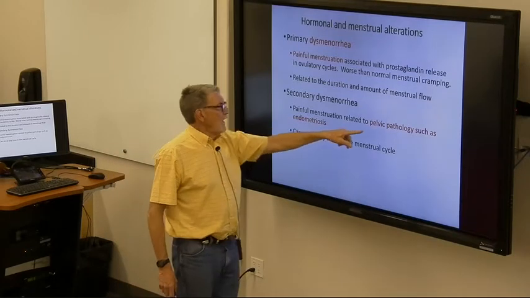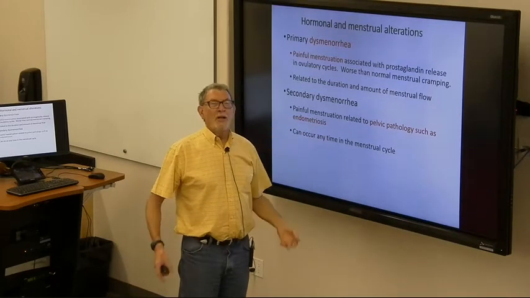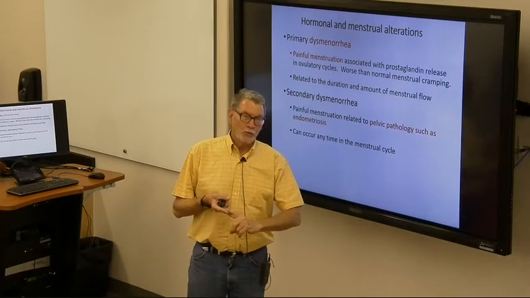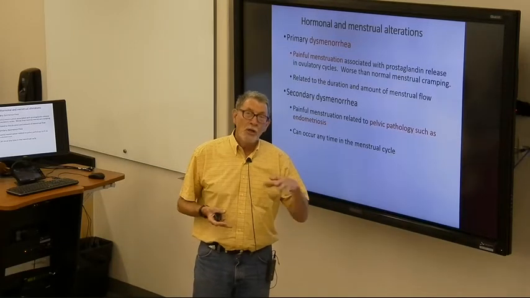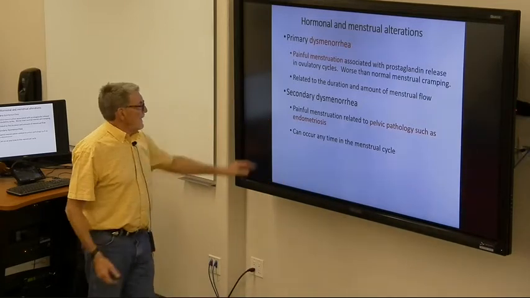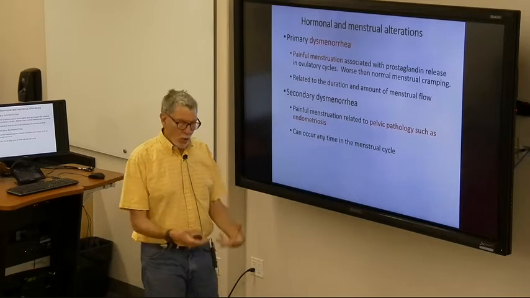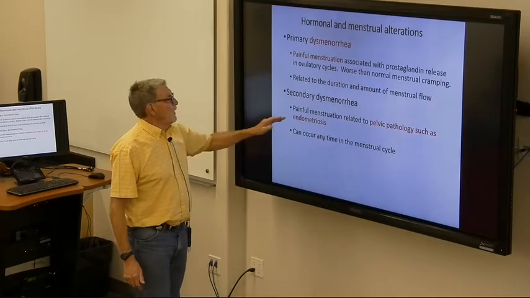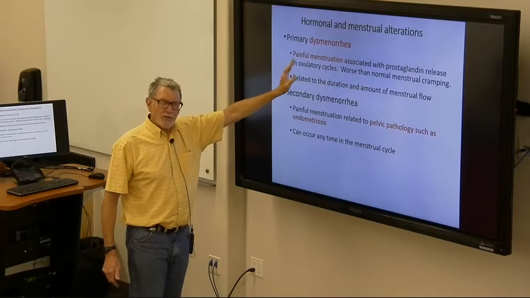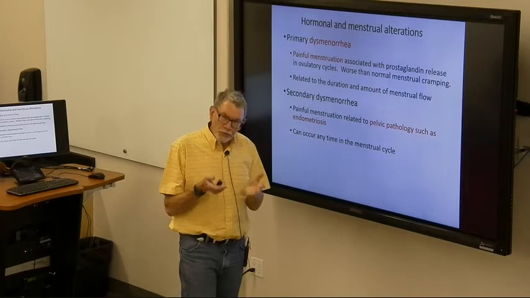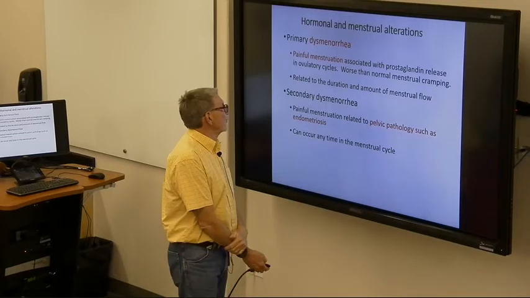Secondary, you can have pain because you've had an injury, you have scarring from a sexually transmitted infection sometime in the past or some other kind of infection. Endometriosis, which grows excess tissue in the wrong places. And so it's not a problem with the reproductive system itself or your hormones, it's a structural problem more.